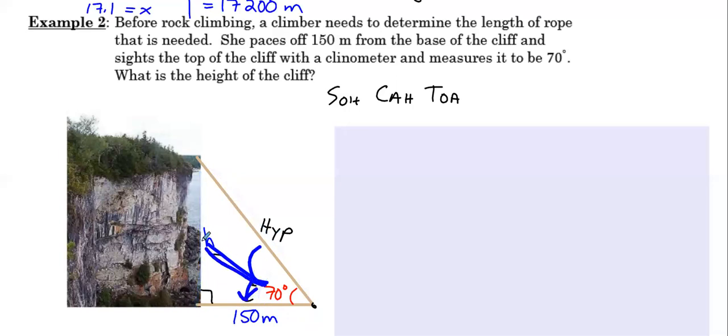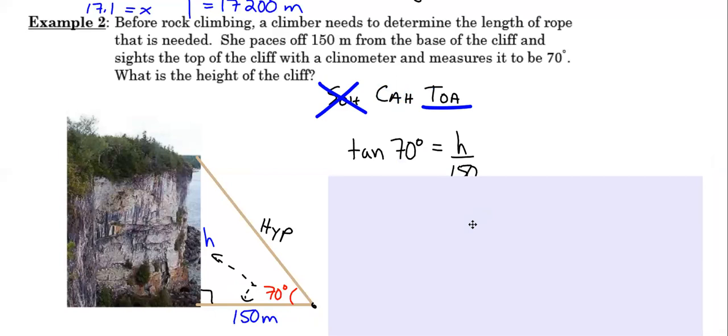Well, you have the adjacent side, but you don't have the hypotenuse, so you can't use cosine. Opposite side is what you're trying to find, so you can't use sine.